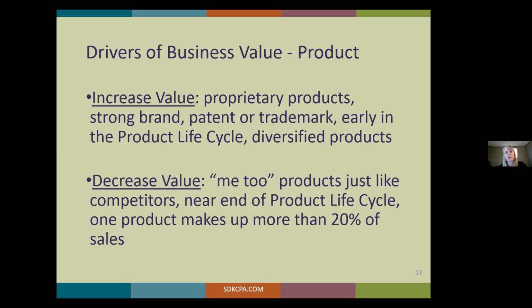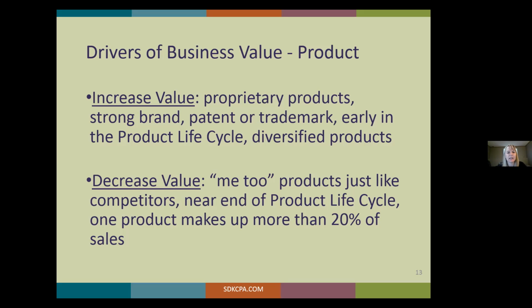So this first category is drivers of business value related to the specific product. So items that would increase the value would be proprietary products, a strong brand, patent or trademark products, or diversified products. Also, products early in the product life cycle tend to increase value because there's more room for future sales and growth with those products.